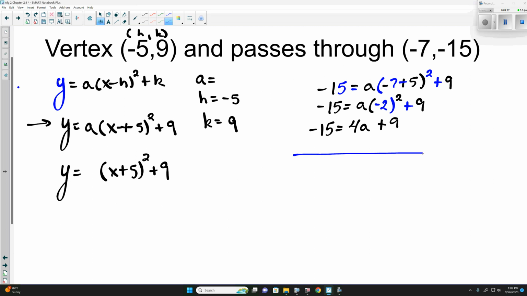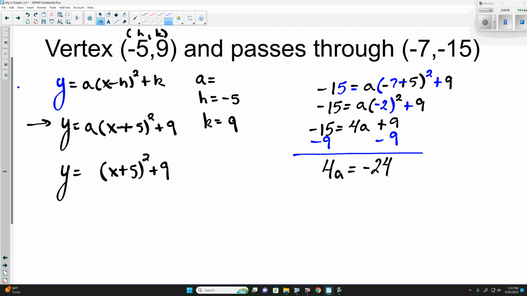Now at this point, we would subtract 9 from both sides, telling us that 4a equals -24.